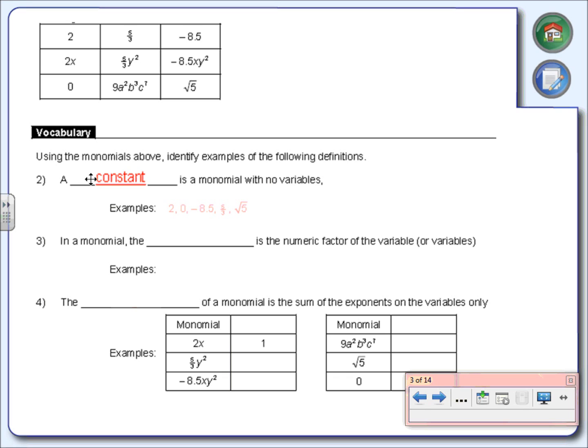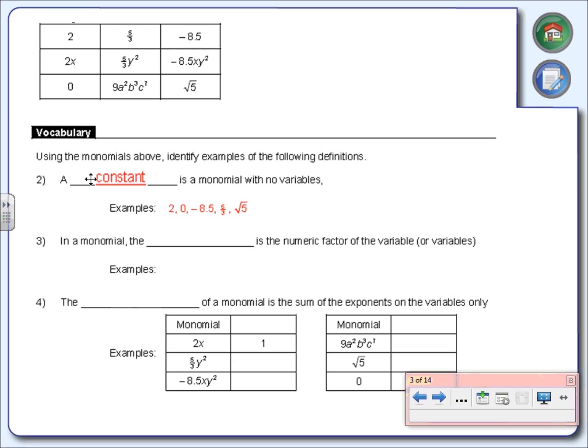Here they are. 2, that's an example of a constant. 0, that's an example of a constant. All those examples right there, notice all they are numbers with no variables. So there's our first vocabulary word that we need to be familiar with, constant.